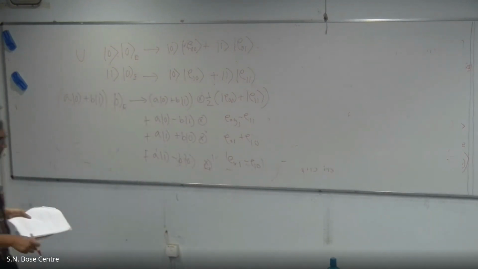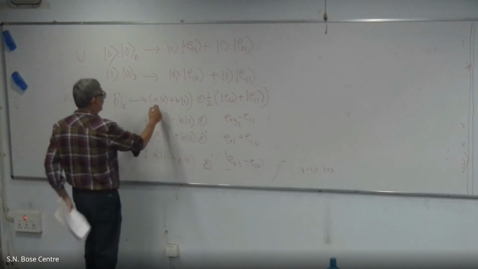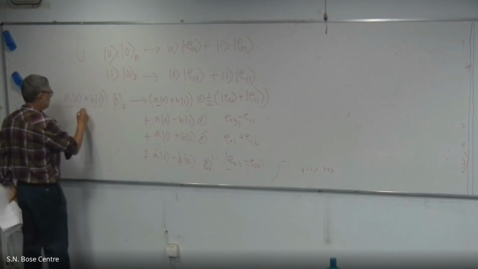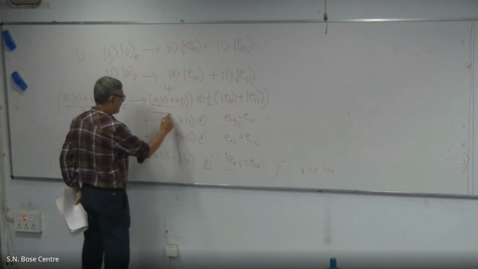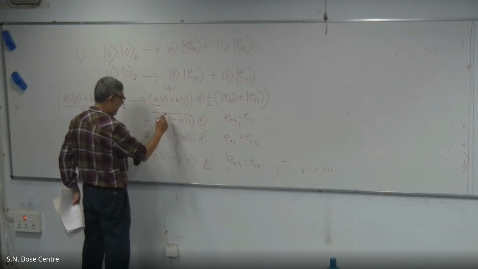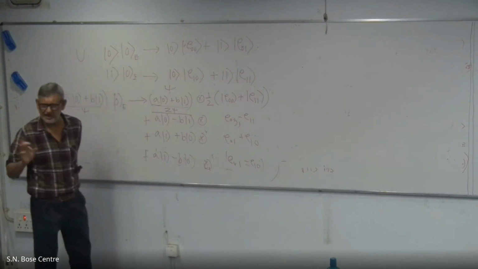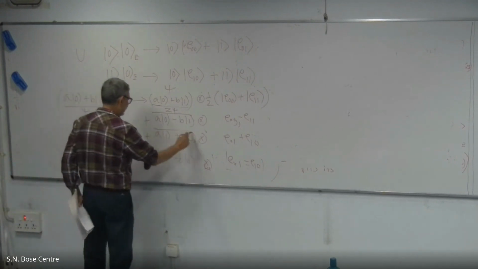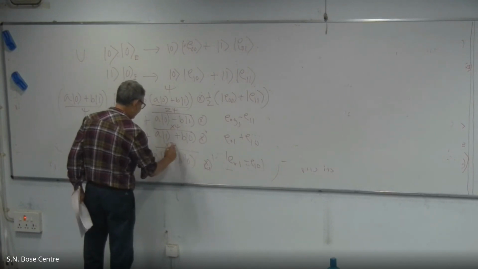But now there is a nice thing. How can I write this? This is my psi. What is this? This is psi. This is sigma, so Z psi. Instead of sigma I write Z psi. This is X psi. This is XZ psi.